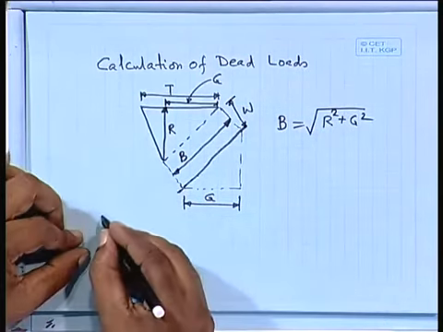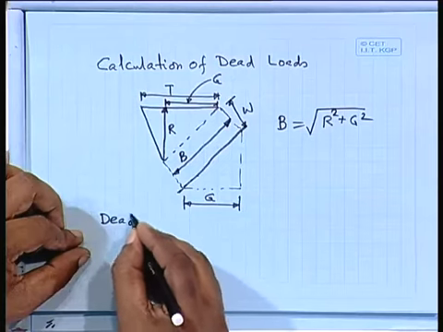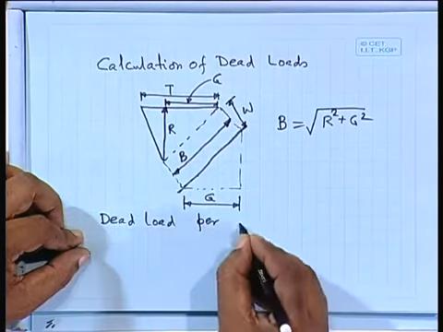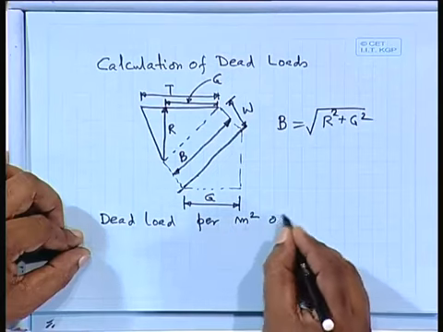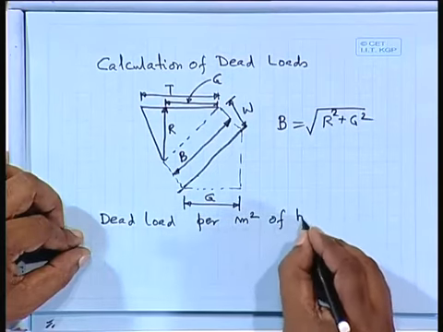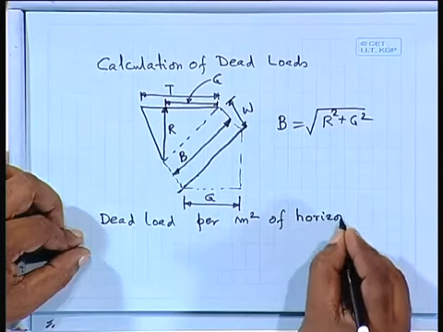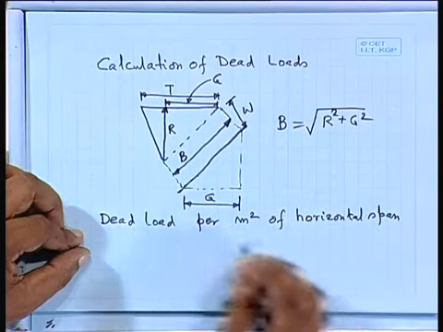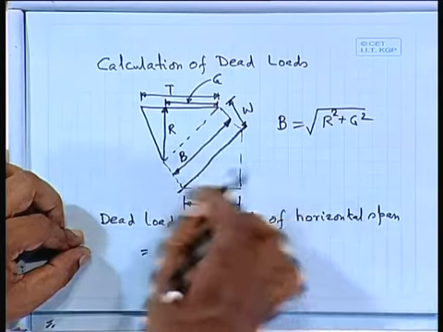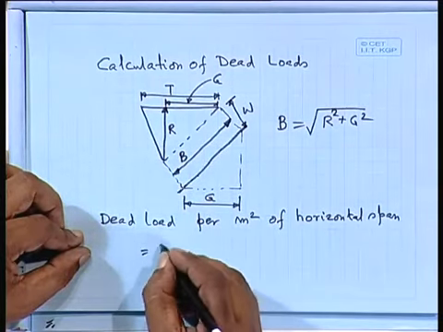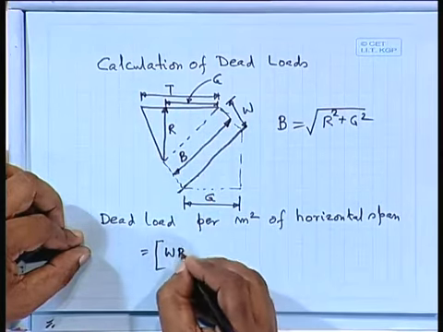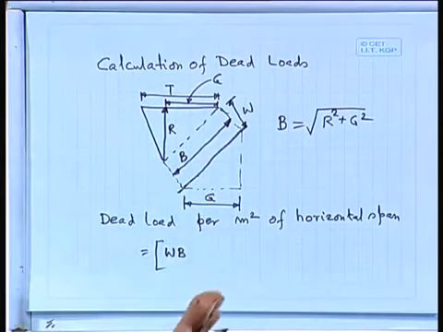and dead load per meter square of horizontal span means along this, that one will be equal to the weight of this one, W times B, and we are talking, say, per unit width.